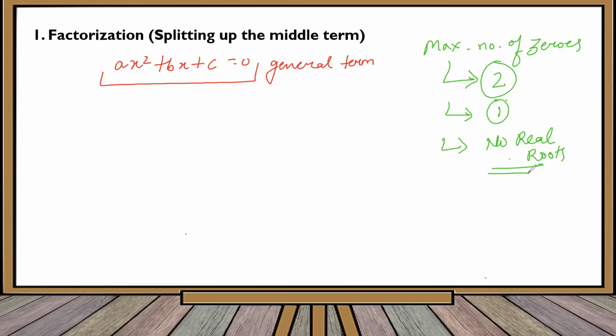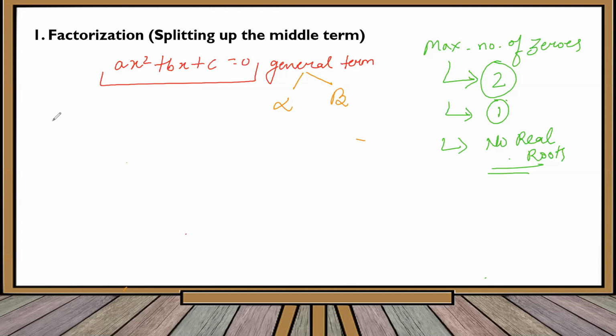Normally by splitting up the middle term, we consider that the two zeros or the two roots of the quadratic equation are alpha and beta. So let alpha and beta be the two roots of the equation, right?